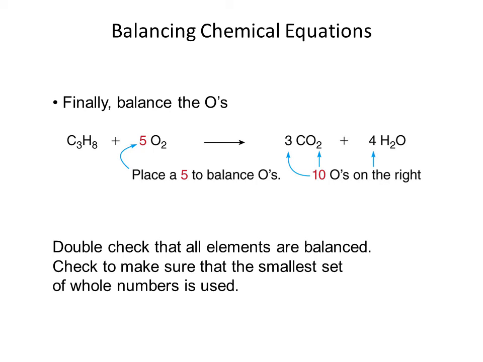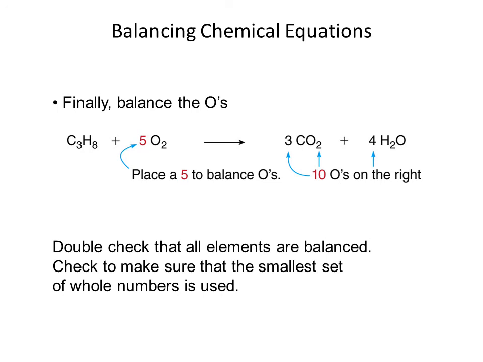As soon as you get through where you think you've mass balanced your reaction, you always want to go back and double check that all the elements are balanced, because what some people do is they end up changing the number of atoms of one element, and they don't realize it when they're changing the number of atoms of another. So always go back and check.